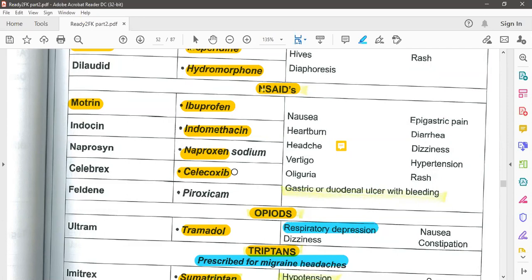Let me talk a little bit about naproxen. Naproxen is used for mild to moderate pain, to reduce fever, or for arthritis like gout, rheumatoid arthritis, and they also reduce inflammation. Like other NSAIDs, naproxen is good to take with food because it will cause GI ulceration or bleeding.